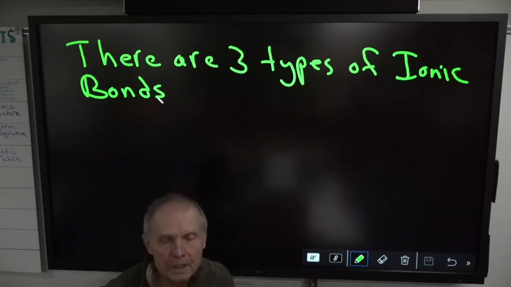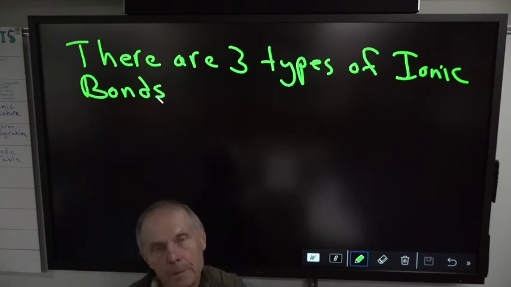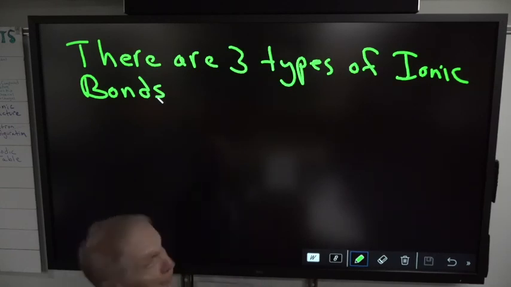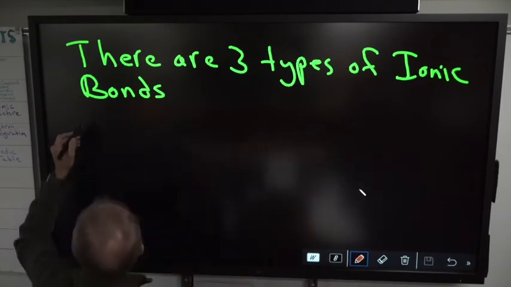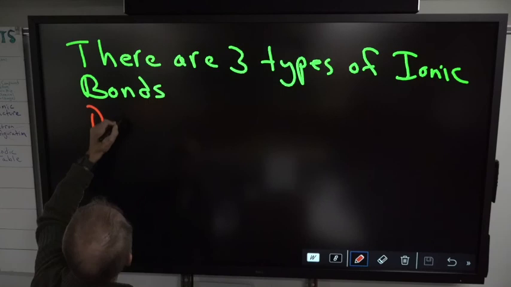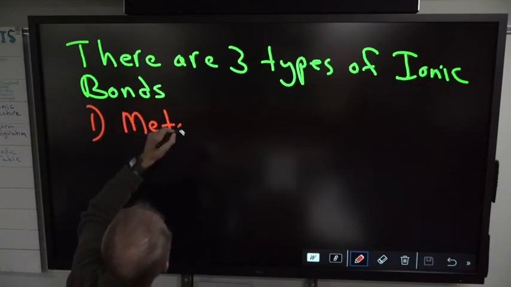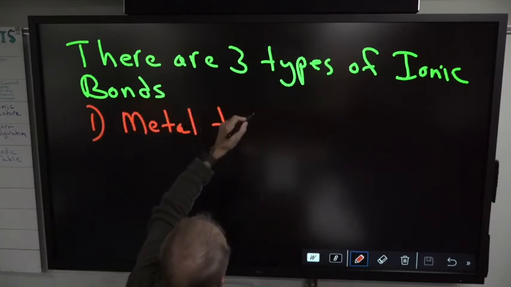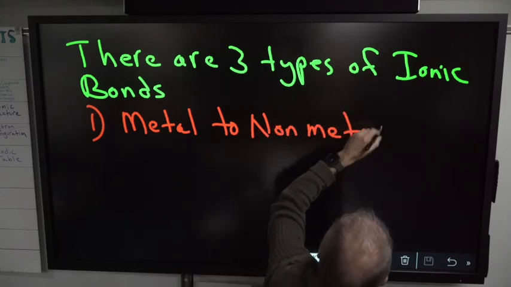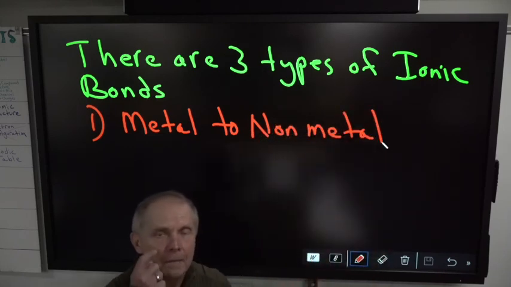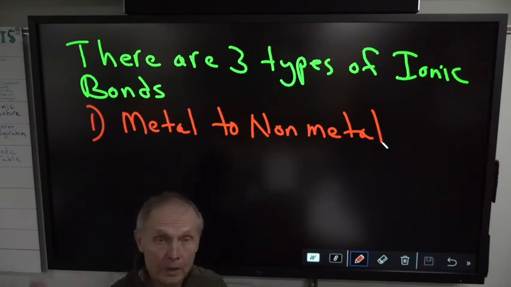There are three types of ionic bonds. The first one we just did. The first one is metal to nonmetal. We just did sodium and chlorine, but we're going to do a few more.